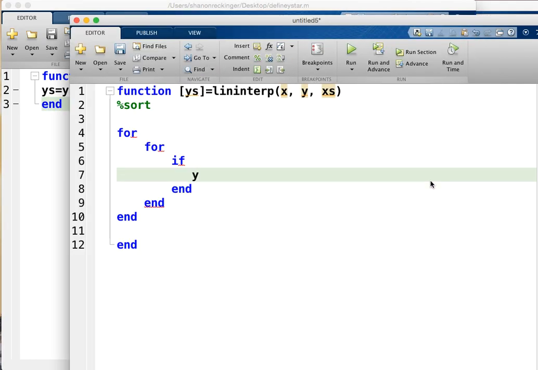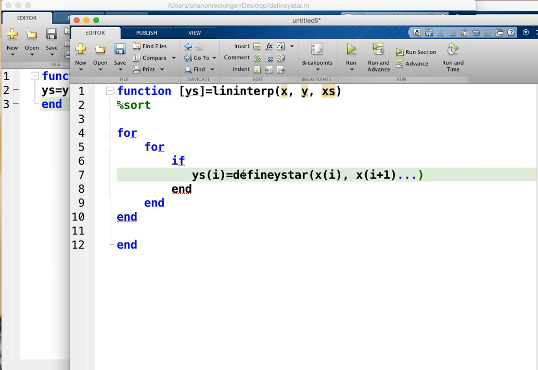So the y, however you end up indexing it, is just going to equal, and then you just insert each of those like that. And then you could put all these in the same function. This function can go underneath it.